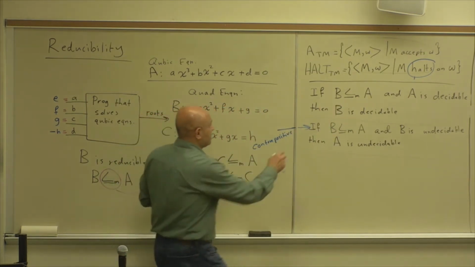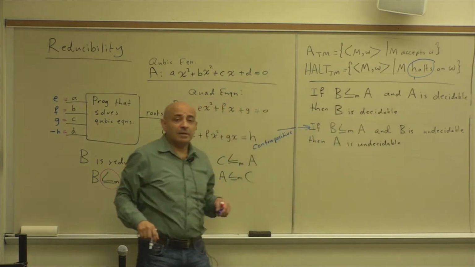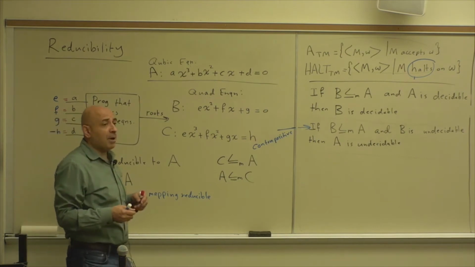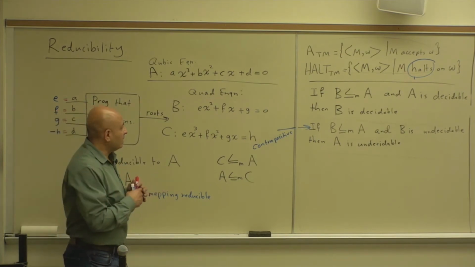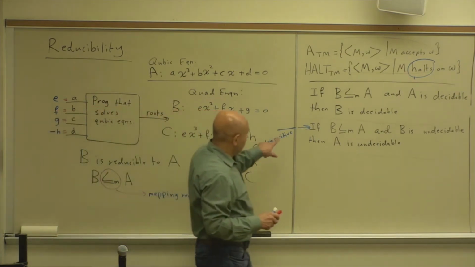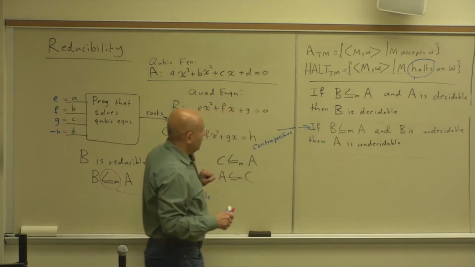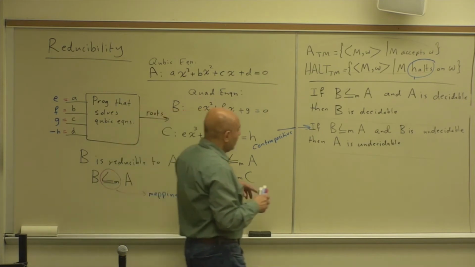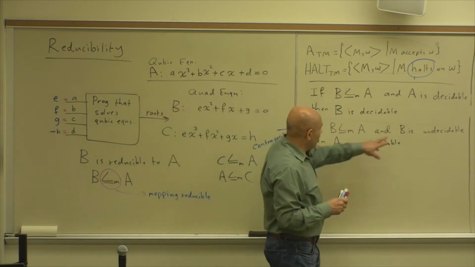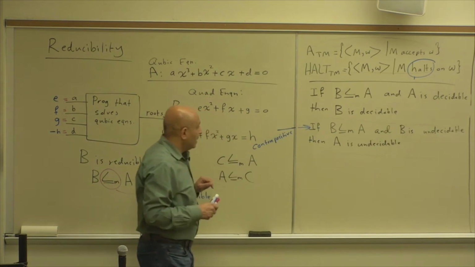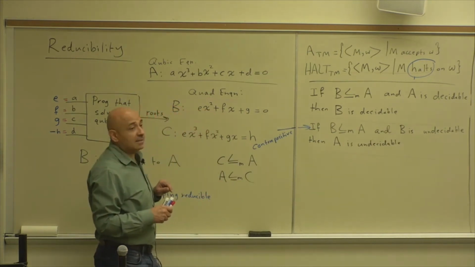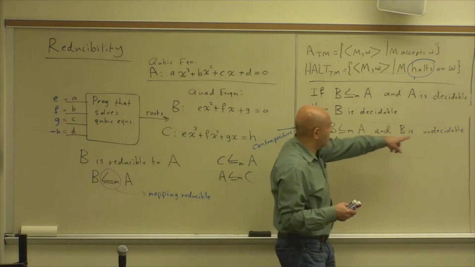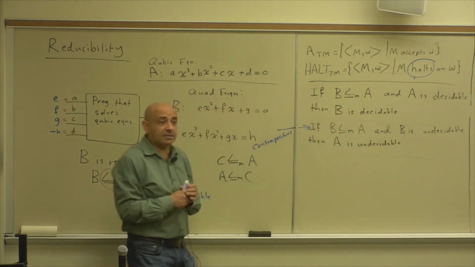If B is undecidable, then A is undecidable. Another way of thinking of it is by contradiction. Right? Assume that B is reducible to A. Now assume that we know that B is undecidable. Now, if I assume that A is decidable, I will reach a contradiction, because if A is decidable, B would be decidable, but it's not. I'm given that it's not.